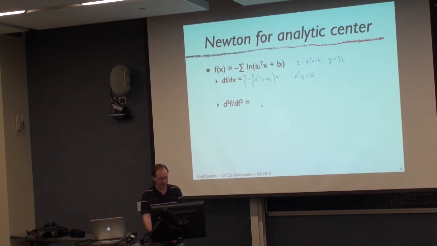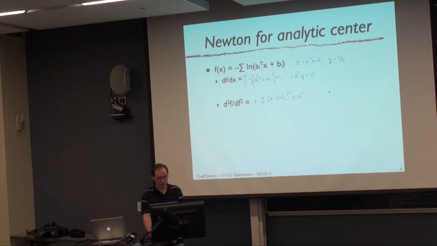Let's take the Hessian now, right? So we're going to get still a sum over i and a negative sign. And then the derivative of 1 over something is minus 1 over the same thing squared. So that's (a_i transpose x plus b_i) to the minus 2. And then we have an a_i from before, and the chain rule gives us another a_i, so we get a_i transpose, right?